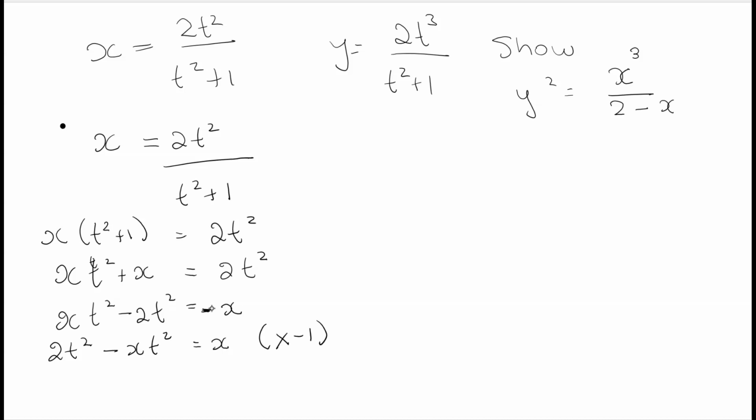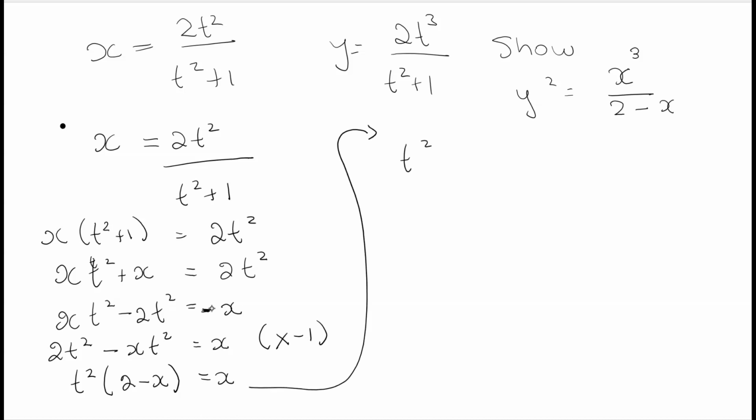So now I can factorize out t squared, and I can now divide each side by the bracket. So t squared equals x over 2 minus x, and that's really good because now we've got our t's on one side and our x's on the other side. So from there we can just take the square root of each side.